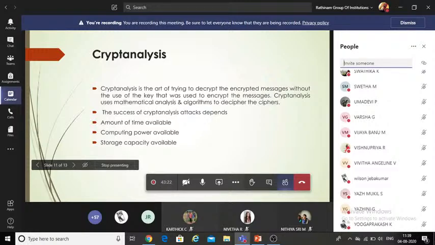I'll try Yoga's birth date, his nickname, his favorite actor, his favorite actress, like that. I'll try all the things. That is called a brute force attack. Clear? So brute force attack is a general one in cryptanalysis, right?